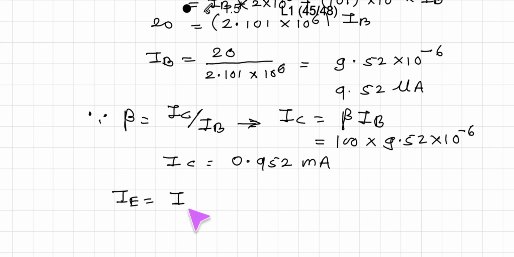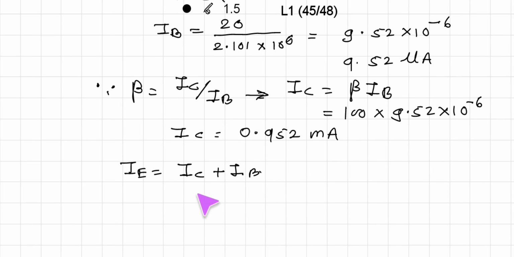This is the current which we have got, and we know the relation IE is equal to IC plus IB. So just putting the values of IC and IB, we get 0.952 into 10 raised to minus 3 plus the value of current IB, that is 9.52 into 10 raised to minus 6.